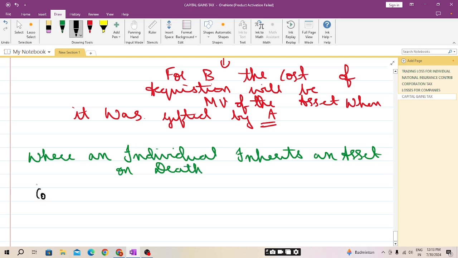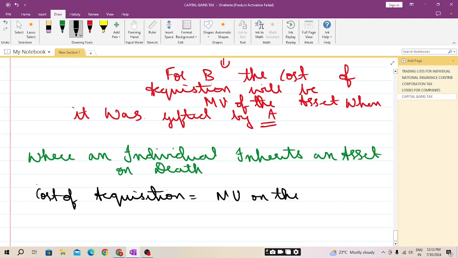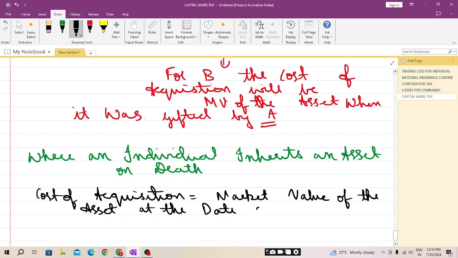The cost of acquisition will be the market value of the asset at the date of the death of the individual.